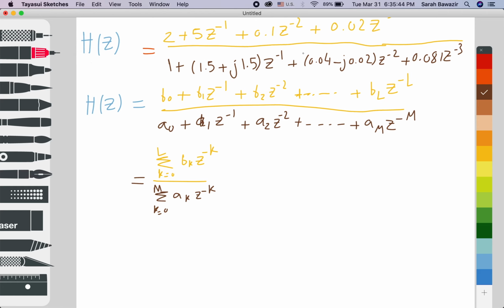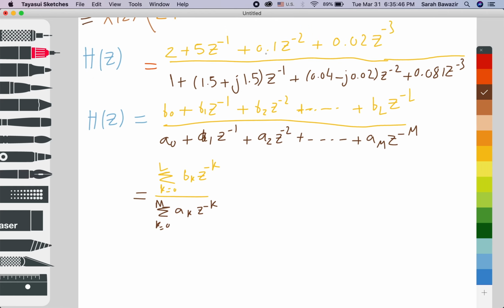So we found the transfer function. So why am I doing this? Why am I telling you about B's and A's?